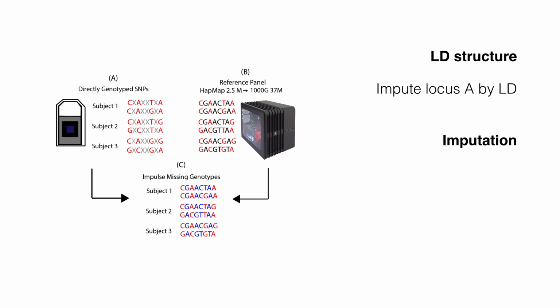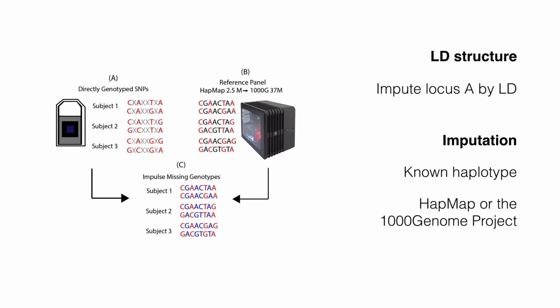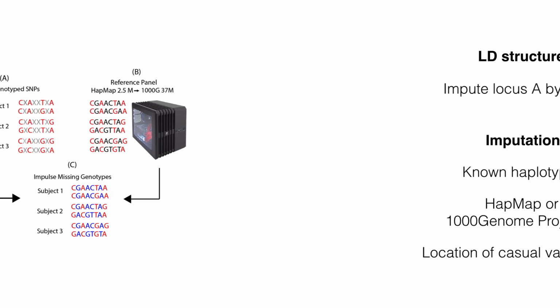It's achieved by using a known haplotype in a population, for instance from HapMap or 1000 Genomes Project in humans, thereby allowing us to test the missing genetic variants for association with trait of interest. Genotype imputation helps in narrowing down the location of causal variants in genome-wide studies.